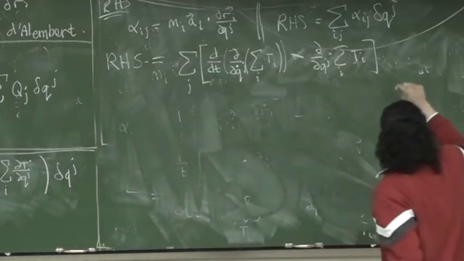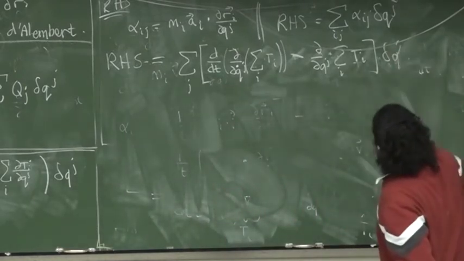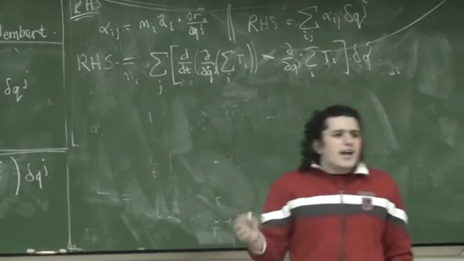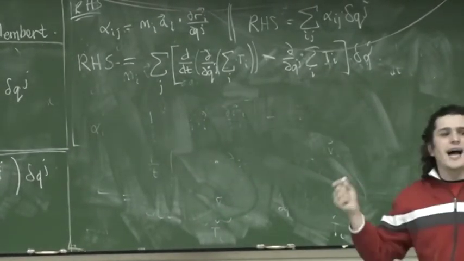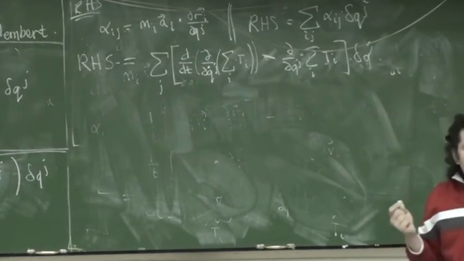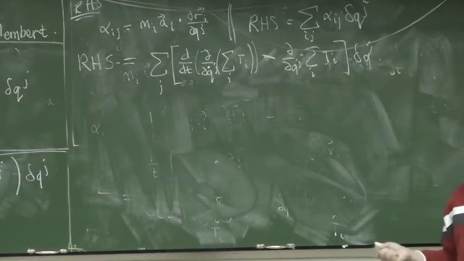All of this multiplied by delta qj. The sum over i of Ti is the sum over i of one half mi vi squared. That's the kinetic energy of the system, and we call it T.